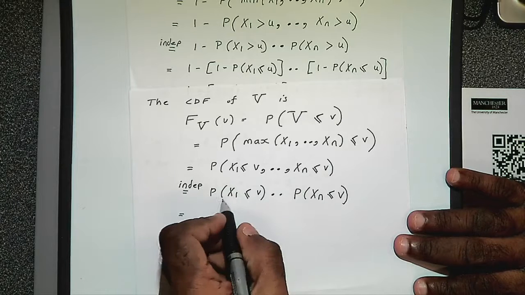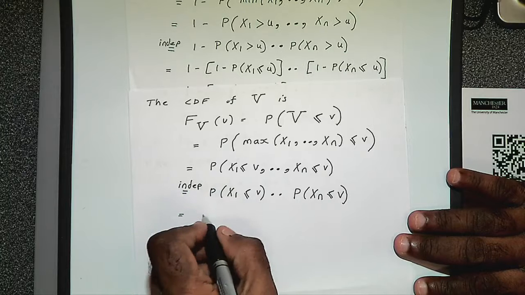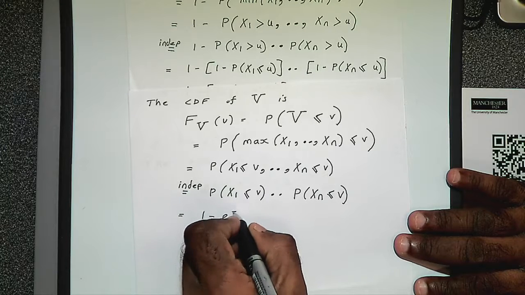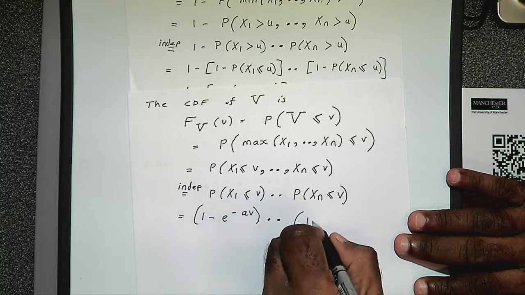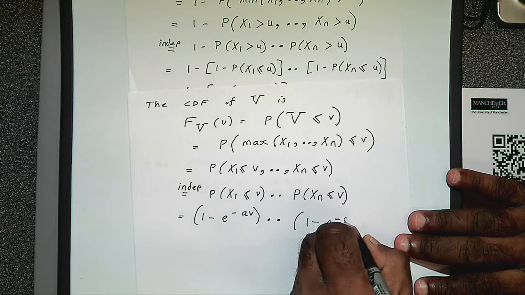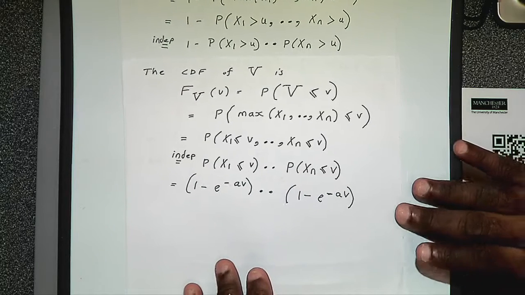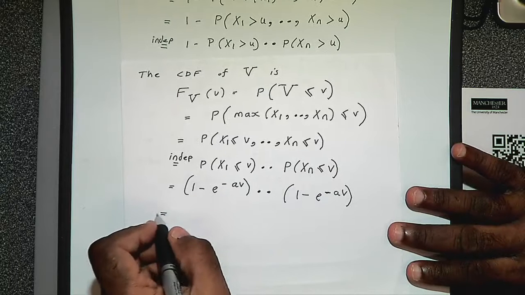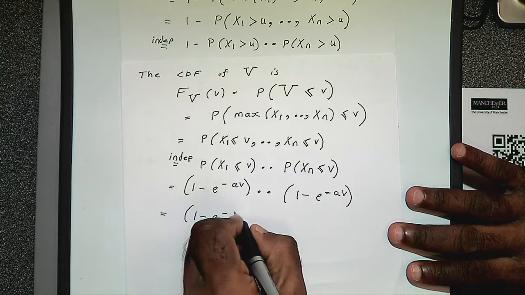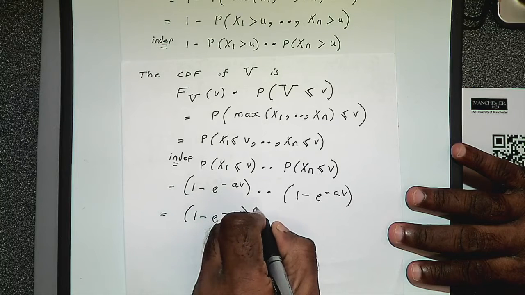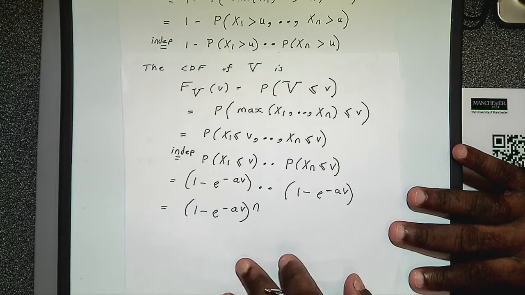Now, this is the CDF of X1 at V. I told you before that this is 1 minus e to the minus a times V. So this is the CDF of the maximum portfolio loss.